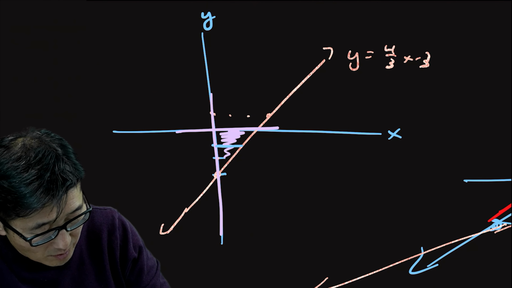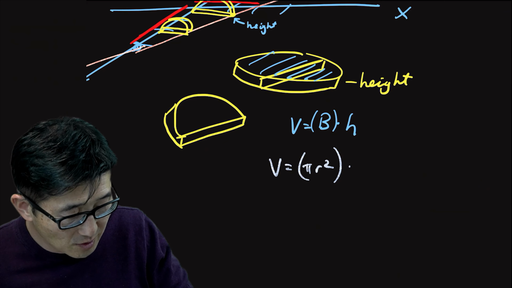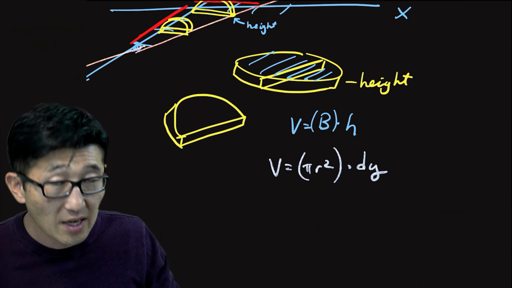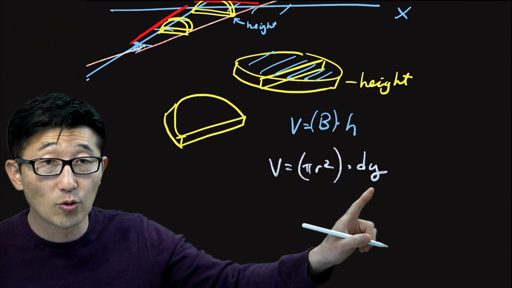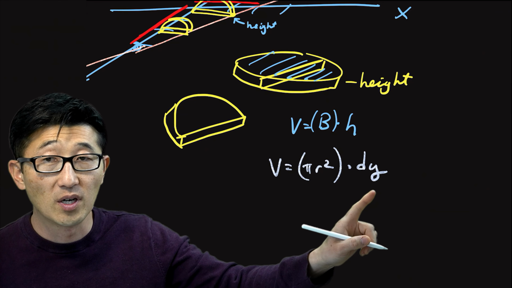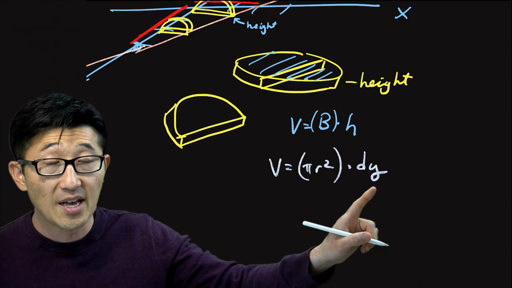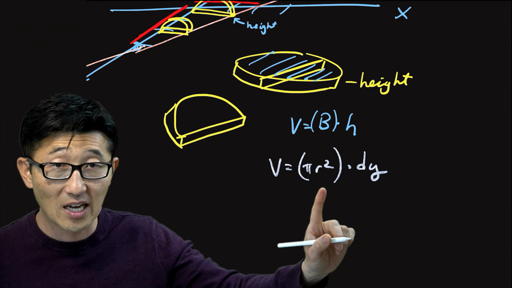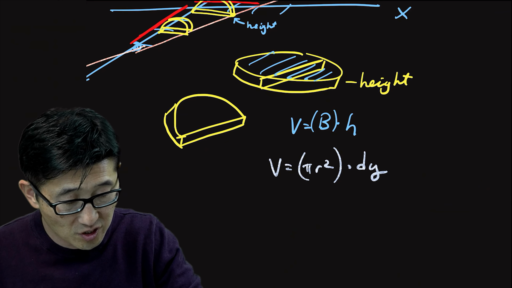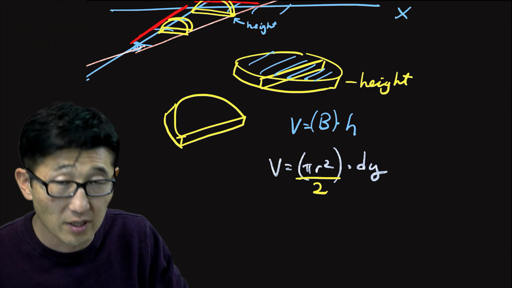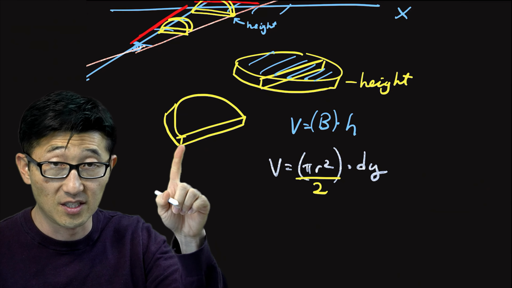Volume equals pi r squared as the area of the circle times height, which is dy. And dy is very important because this is going to determine what the ultimate volume equation is going to look like. Everything in this part has to be written in terms of y. Now, obviously, it's not a full circle, so what do you have to do to this equation? You have to divide by 2.